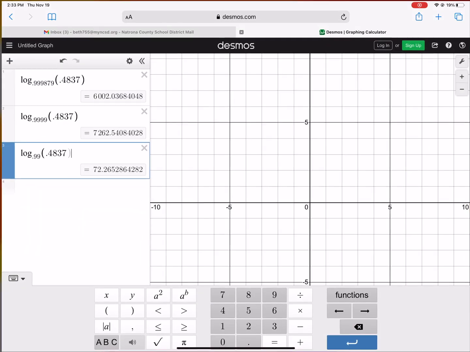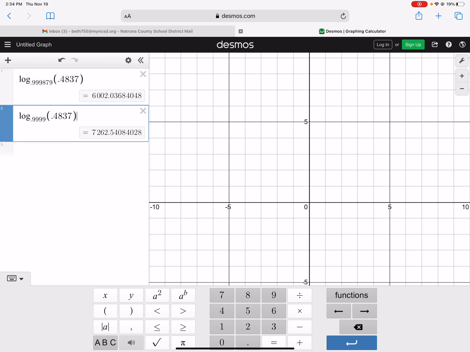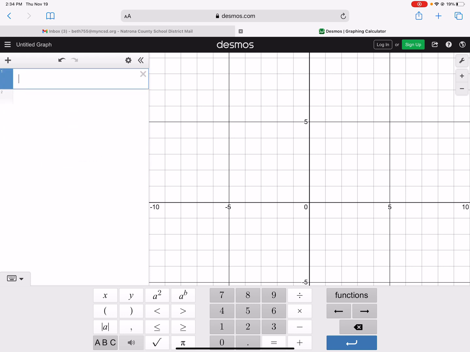So the first thing it wants me to do is find f of 20. So f of 20 would be 12,000 divided by 1 plus 499 times 1.09 to the negative 20.